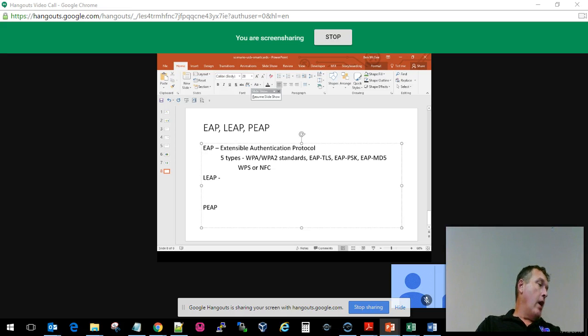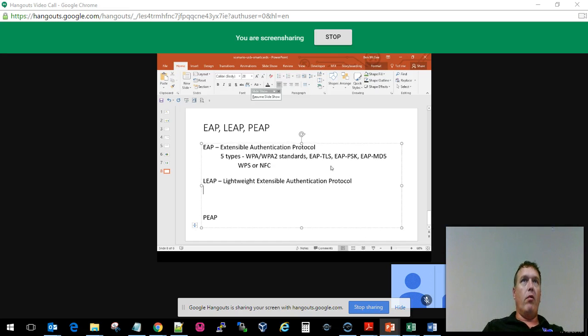With the Lightweight Extensible Authentication Protocol, usually we'll see this start to take over for EAP, because EAP is less secure, and the Lightweight Extensible Authentication Protocol gives us a little bit more flexibility.